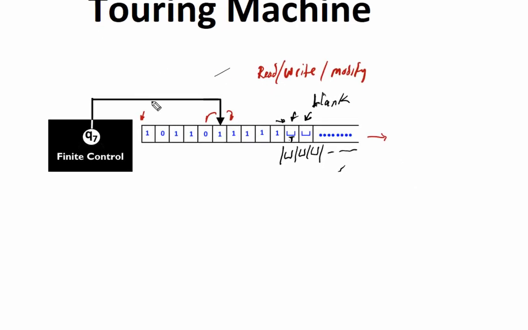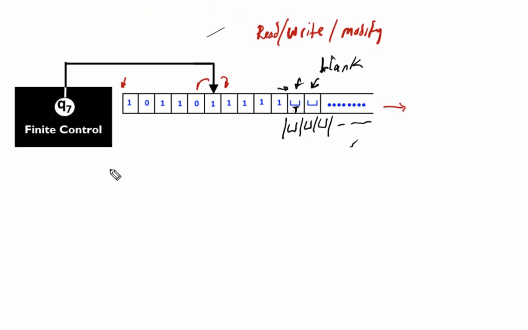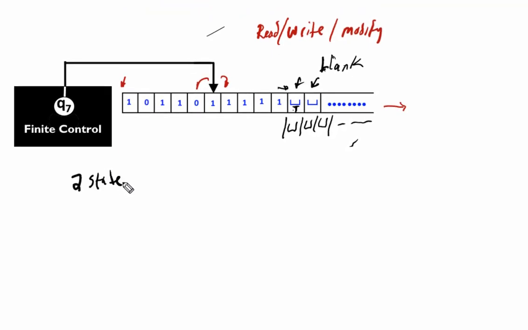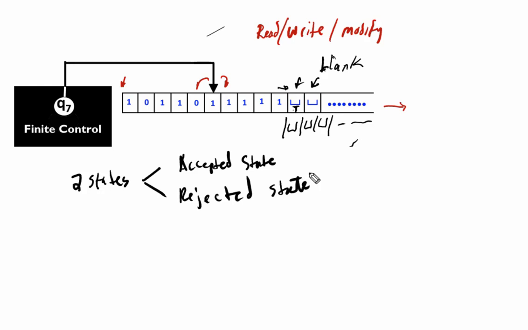So what happens? Well, the Turing machine has two states. One is called the accepted state, and the other is called the rejected state. Unlike the models we've seen before, you have Q accepted, or we can say QA, or Q rejected, and we always write it as QR.